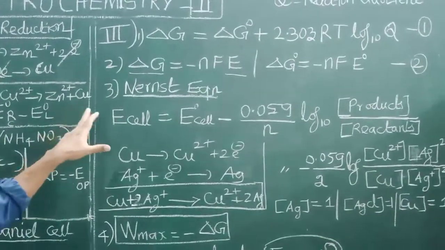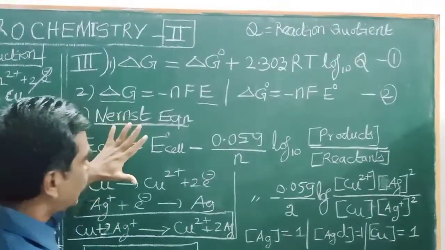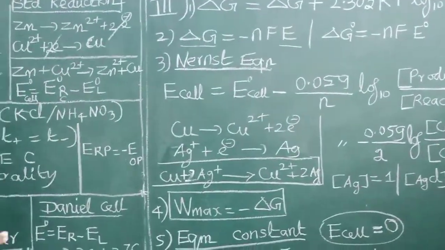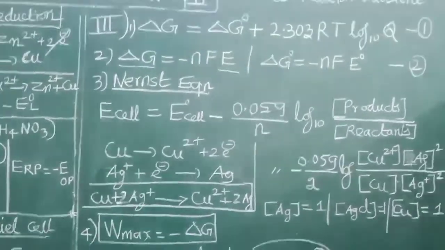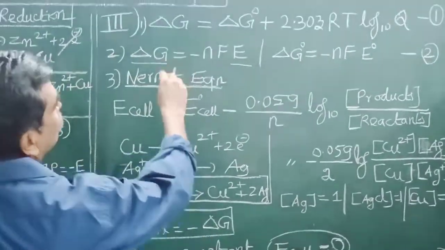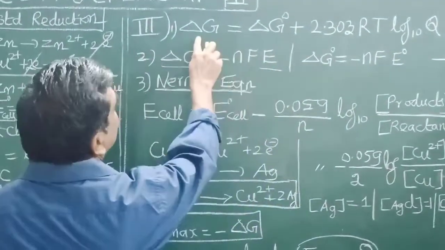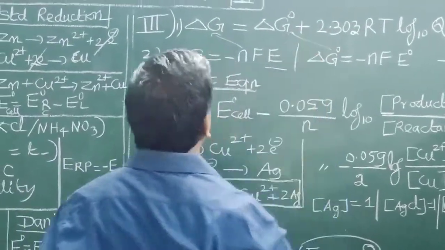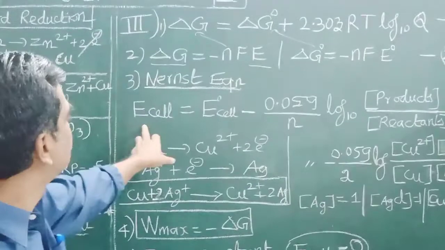Next, the Nernst equation. This is very important. Several problems are asked in IIT JAM, NEET, UG and PG exams, GATE, and CSIR. If you substitute this expression for delta G in this equation, you will get the Nernst equation.